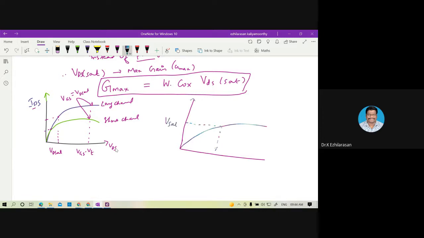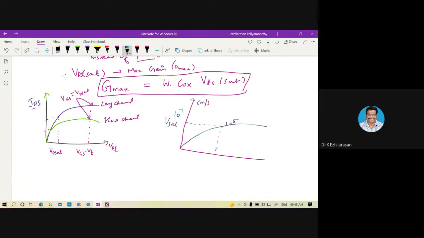V sat will be 10 to the power of 7, and the velocity unit will be centimeter per second. Above this V sat, this portion is 10 to the power of 5.